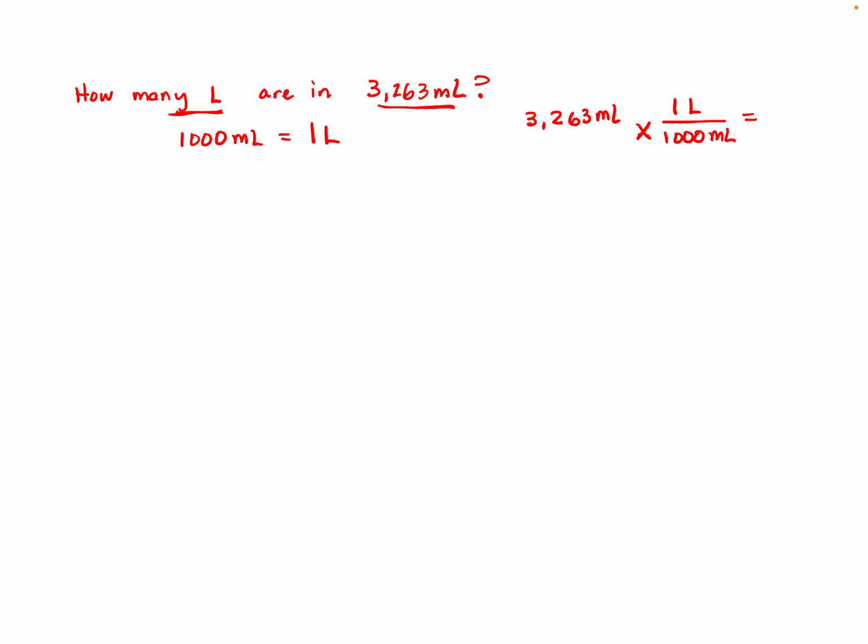So this is dividing by 1,000. So I'm going to need to walk back my decimal place 3 zeros. Or you can do it on your calculator and take 3,263 divided by 1,000.